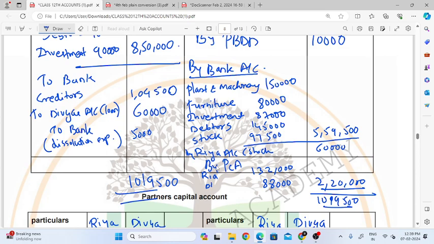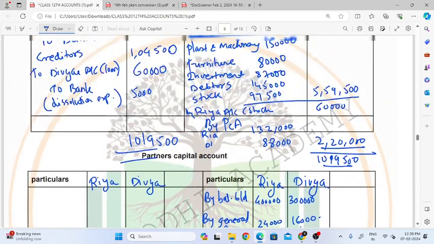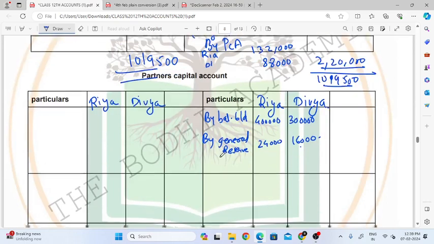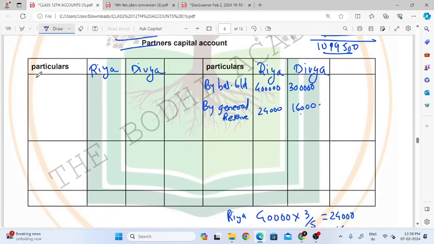This amount from the realization account we have to transfer to the partners' capital accounts. So here we are going to write to realization account, that is 1,32,000 and 88,000. Because we are transferring it from the realization account, that's why the name will come, 1,32,000 and 88,000.